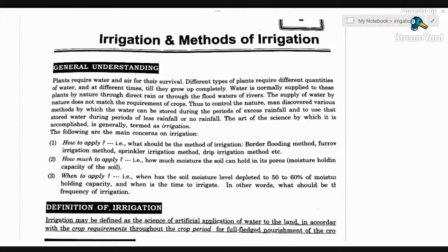In today's class, we are going to look into the introduction part. So what do you mean by irrigation engineering?